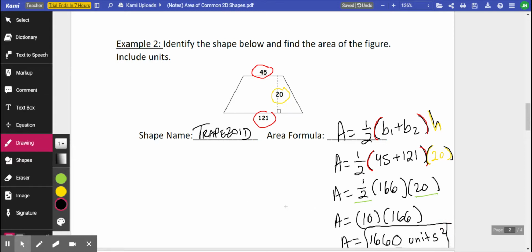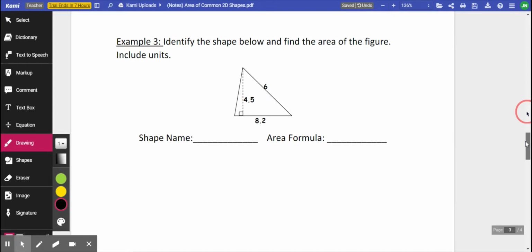So if you're wondering where I got that 10 from, I basically took 1/2 and multiplied it by 20 to get that 10. So there you go. That was the second example, and that was finding the area of a trapezoid. So hopefully this is easy peasy. All you're doing is using some formulas. Example 3. Identify the shape below and find the area of the figure. So in this case, this shape is called a triangle.